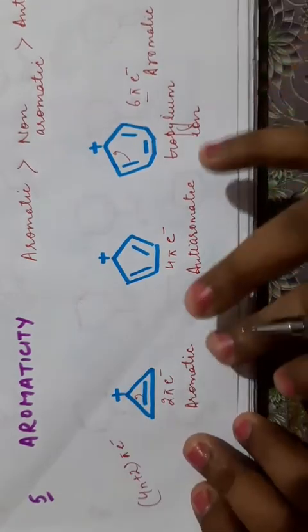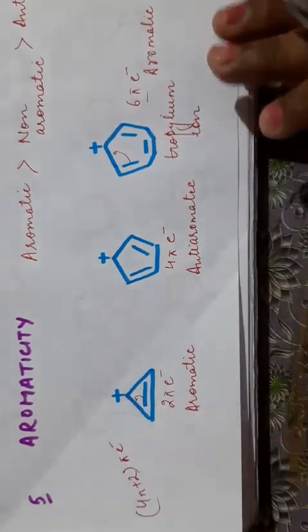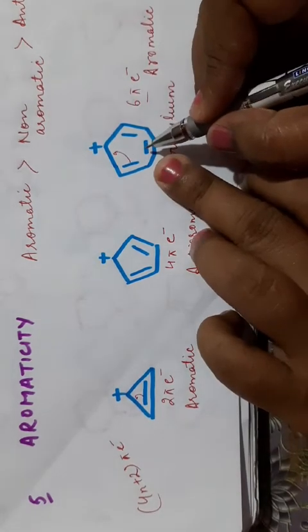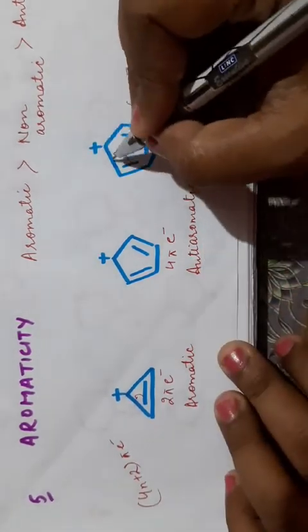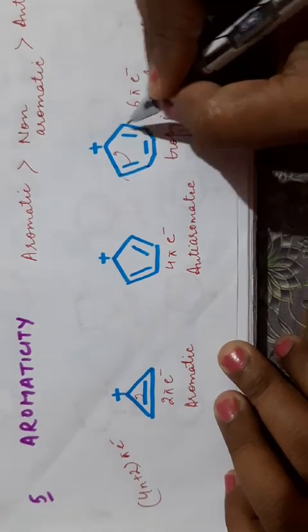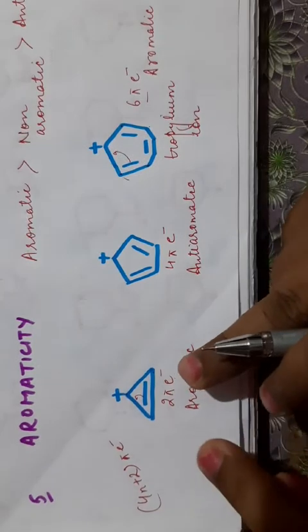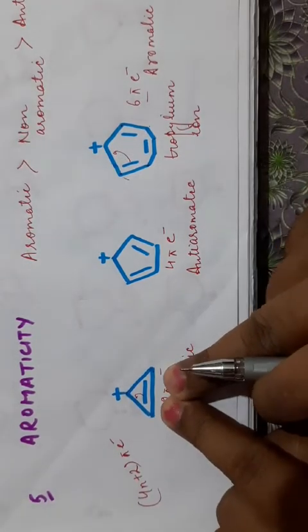Now if two compounds are aromatic, you must look for which has more number of resonating structures. Obviously this will have more number of resonating structures, or the positive charge can disperse over more number of carbon atoms. But here positive charge can disperse over only 3 carbons, and angle strain is more in this case.